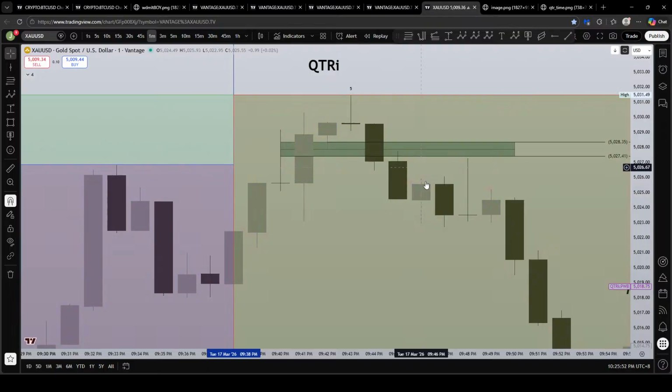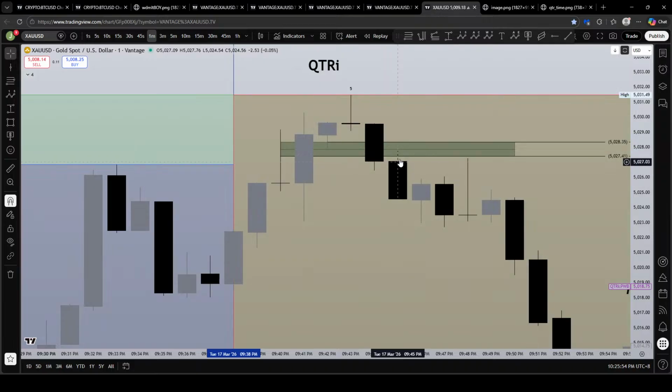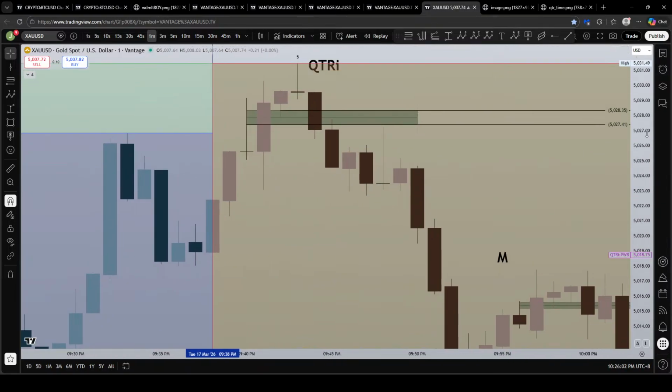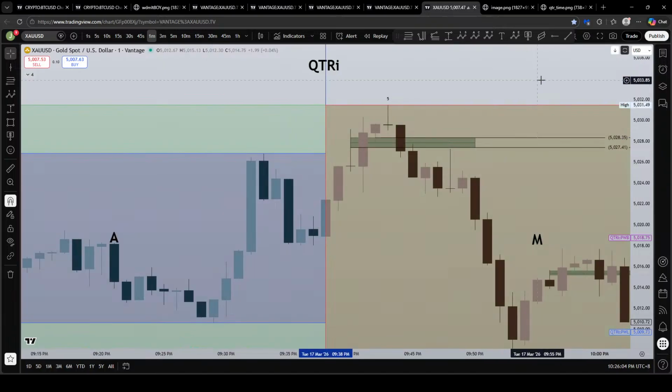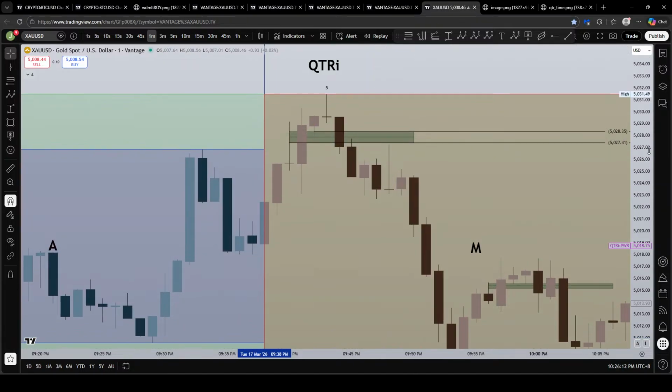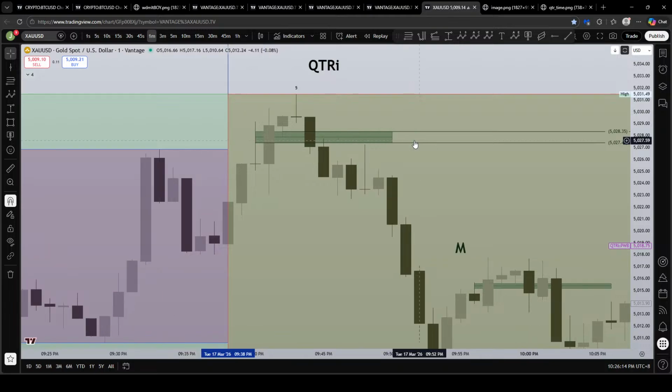And as you can see here, the implied fair value gap lower boundary was retested before it went down. So although this is a bullish implied fair value gap, this can also be used like an inverse FVG.